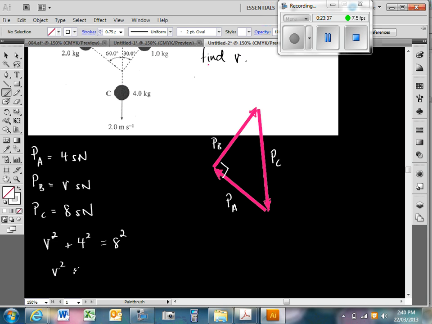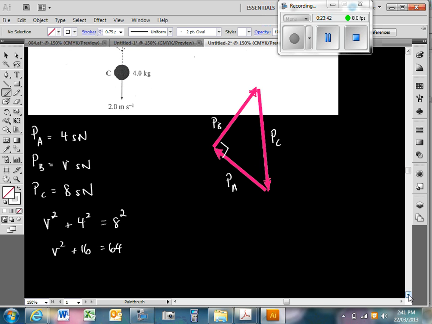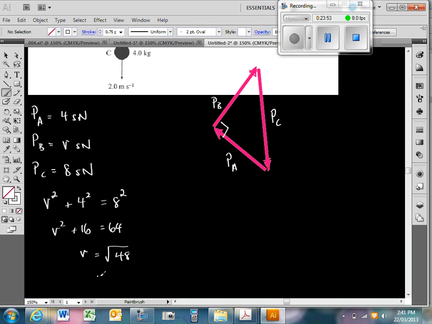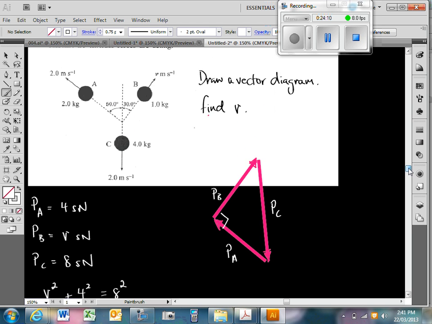V squared plus 16 equals 64. V squared equals 48, so V equals square root of 48, which equals 6.93. It's a speed, meters per second. Does that sound reasonable? Yes.